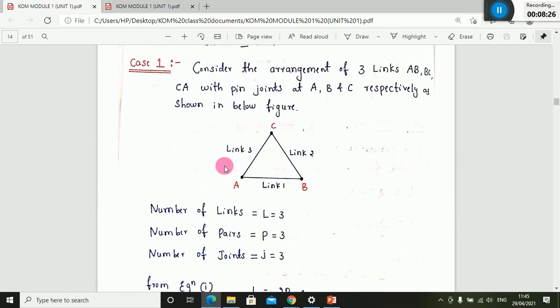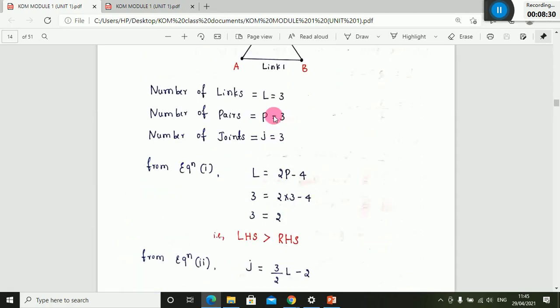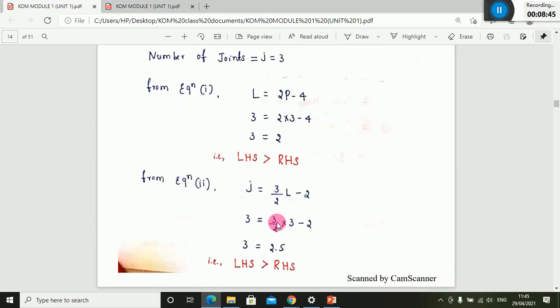Not only one condition satisfied while the other is not. First, I'll check the first condition, that is L equals 2p minus 4. The number of links is 3, the number of pairs is 3, and I'll substitute all the values and I'll get 3 equals 2. It means the LHS is greater than RHS. Similarly, I'll try the second condition, that is J equals 3 by 2 L minus 2.